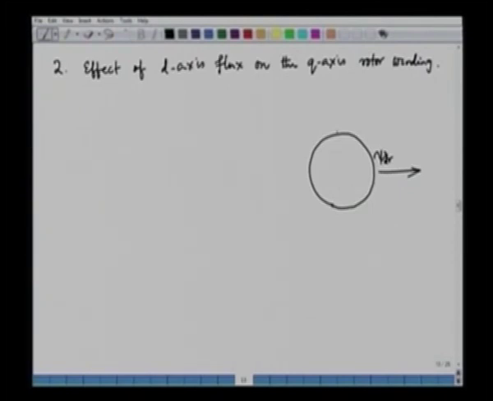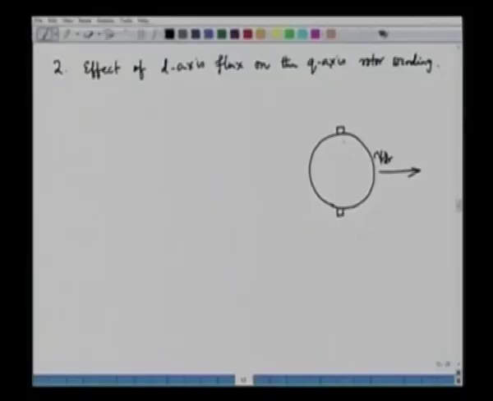So the winding in the q axis can be represented by a pseudo stationary winding, which means I can have something similar to a DC machine armature winding having the two brushes in the q axis. And if you take a cross section, the conductor cross sections will be visible.